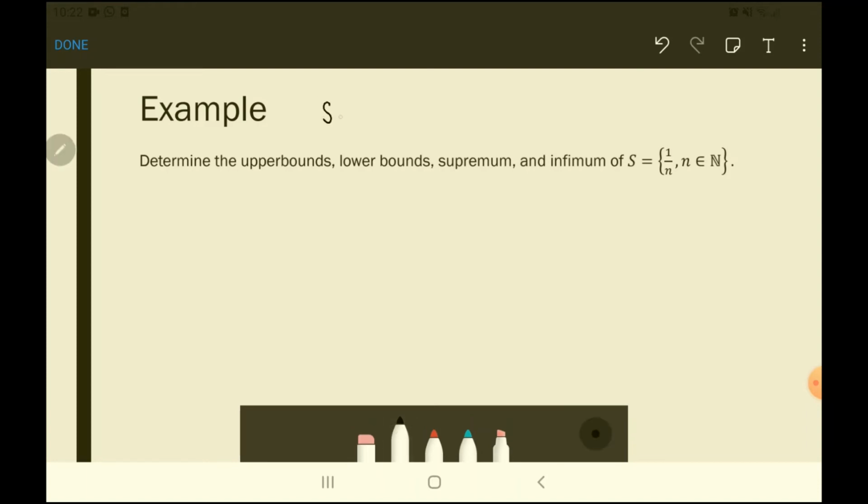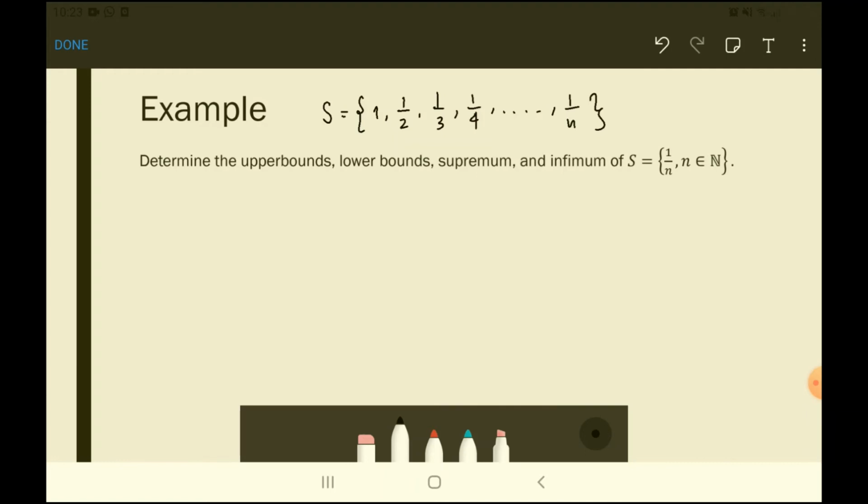If we make a list of its elements, it's going to be 1, 1 half, 1 third, 1 fourth, and so on, 1 over n. So it's an infinite set with lots of elements.